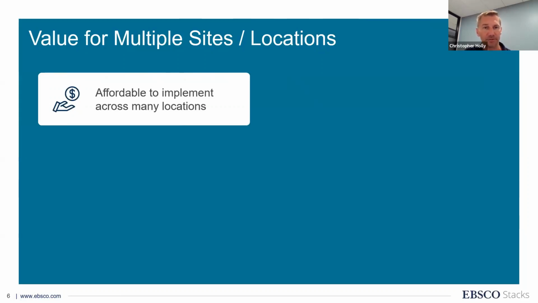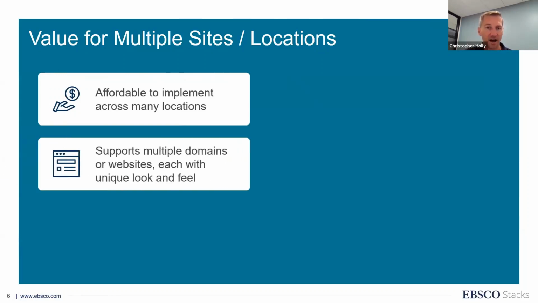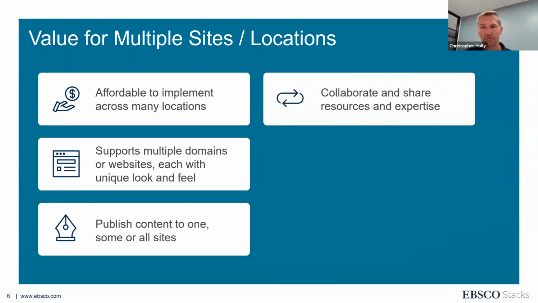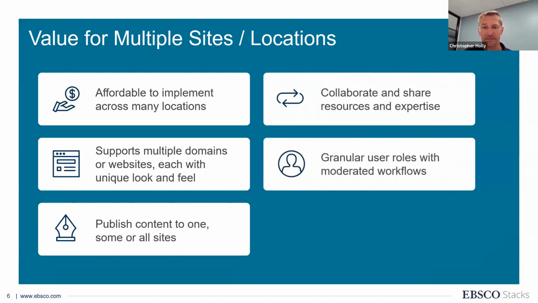It can be affordable to implement across many locations if you're using Stacks as kind of this hub, so to speak. It does support multiple domains or websites, each with its own unique look and feel. And you can publish content to one, some, or all of the sites. So this can be a really nice utility among multiple locations and within consortia. You can collaborate and share resources and expertise.